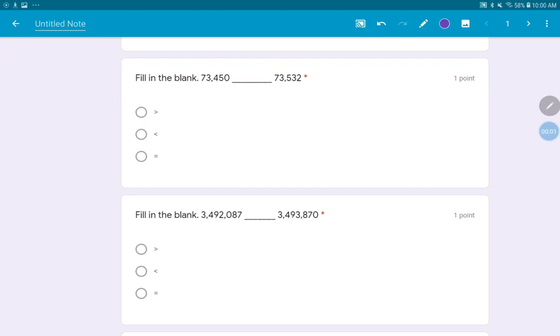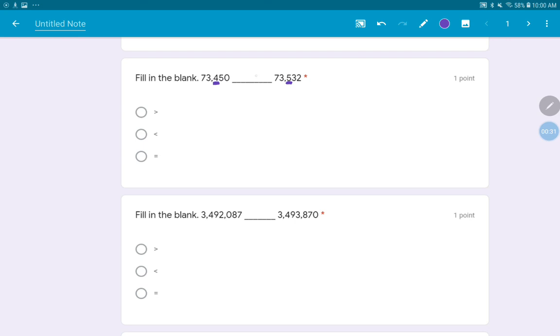The first question on today's daily math asks you to compare 73,450 and 73,532. How would we compare those, Alexis? Well, if you look at it, there's 73 on both of them, so you have to look at the next number, and 73,532 would be greater.